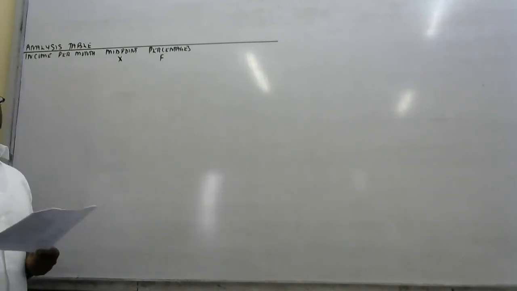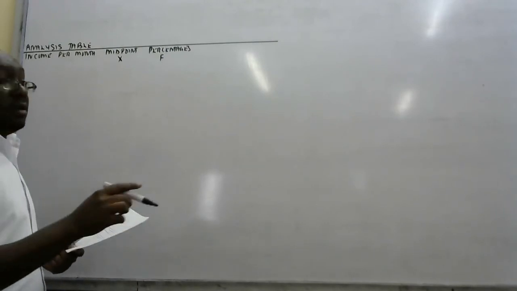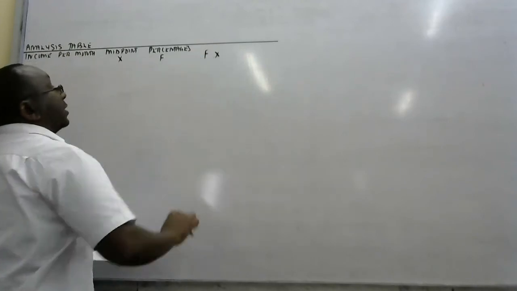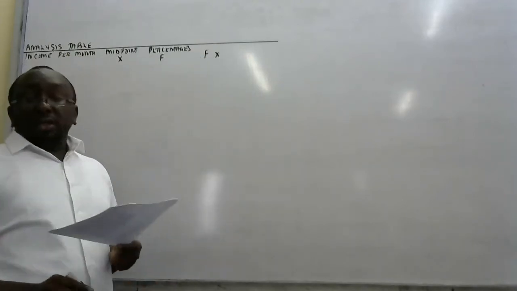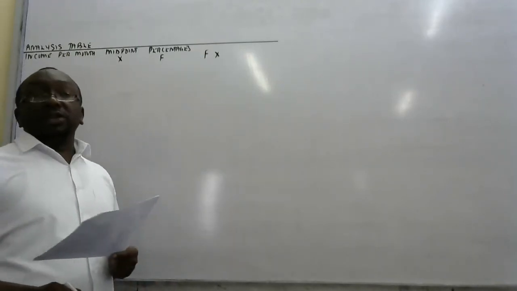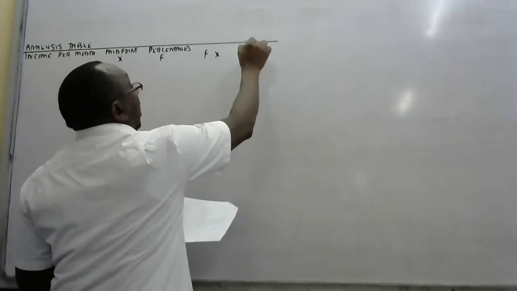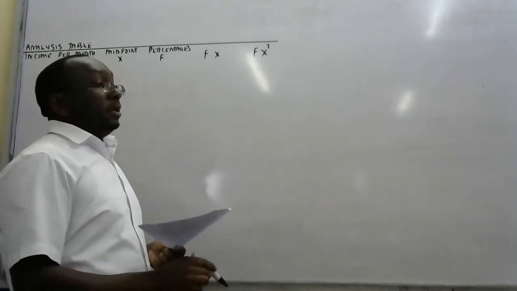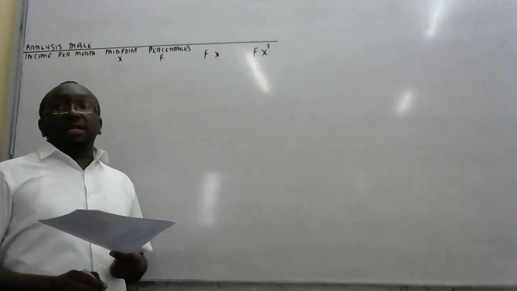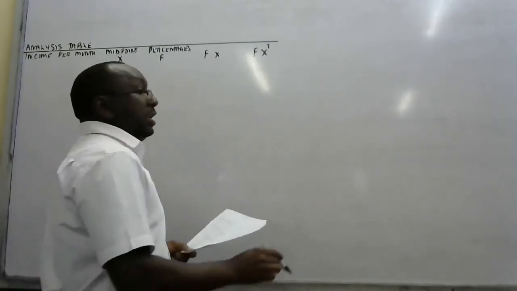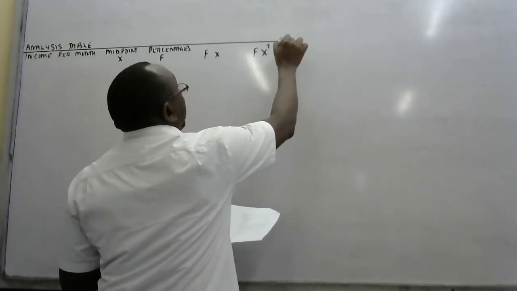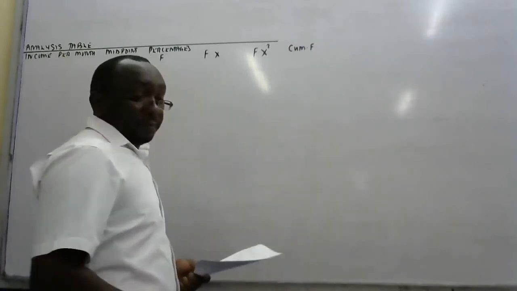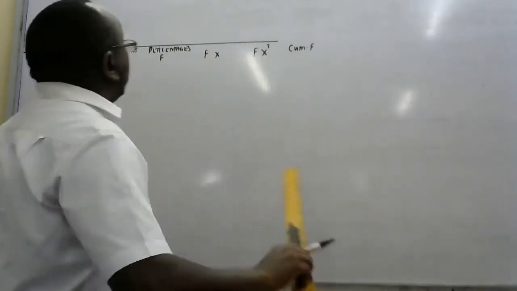We know for us to get the mean, we will require to get F multiplied by X. To get standard deviation somewhere, we will require F multiplied by X squared. And to get some other measures, we may require the cumulative frequency. I think those are the columns that we will require.